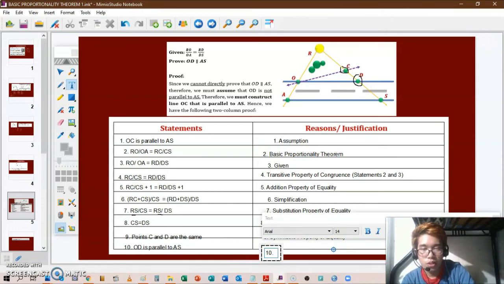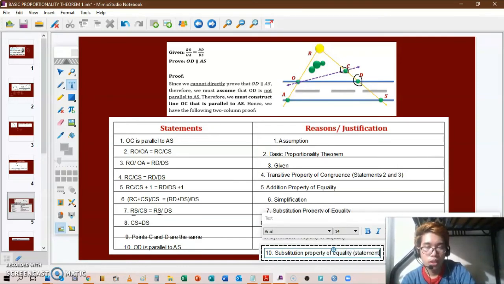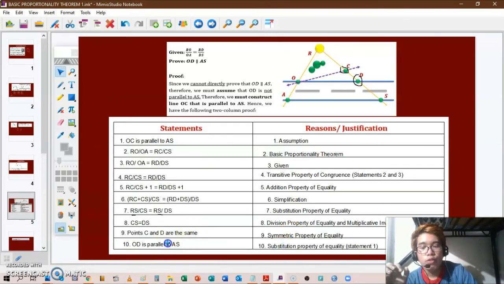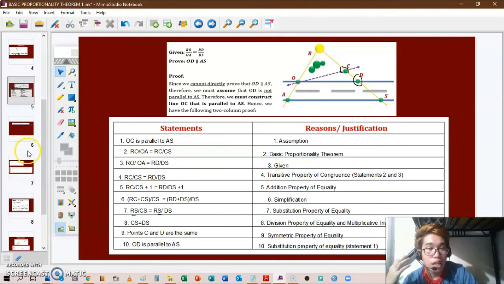This is the substitution property of equality based on statement 1, because we substituted OC with OD, since points C and D are the same or equal to each other. And therefore, we've proven the converse of the basic proportionality theorem.